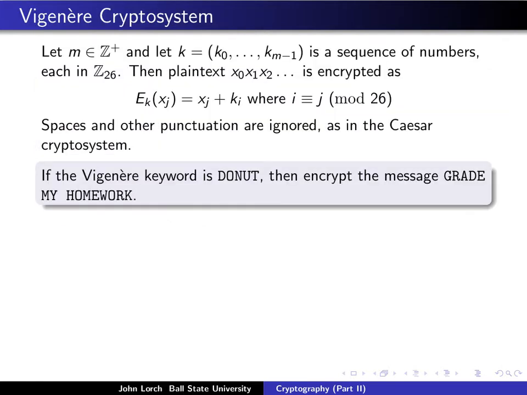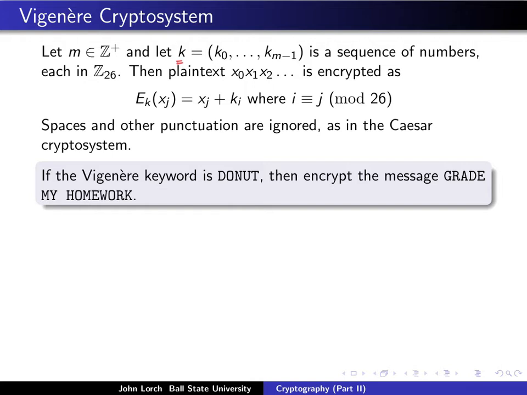We pick a positive integer m, and our encryption key, k, instead of being a single number in Z26, is going to be a list of m numbers in Z26.